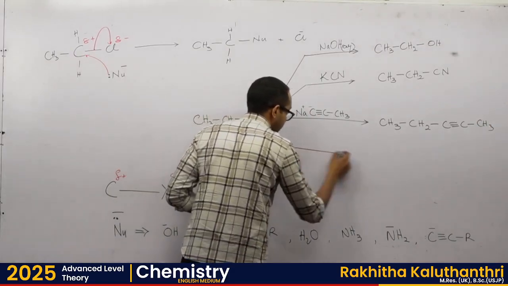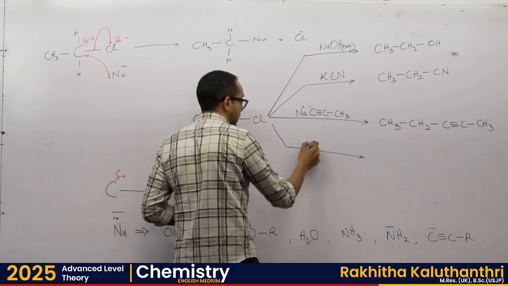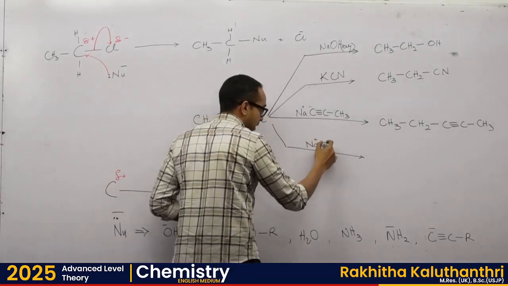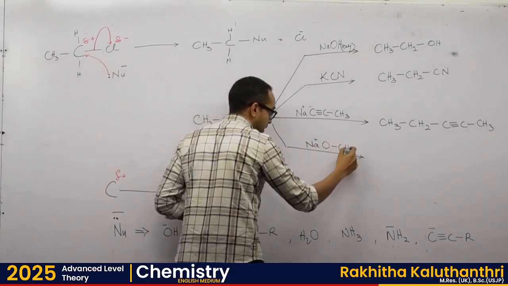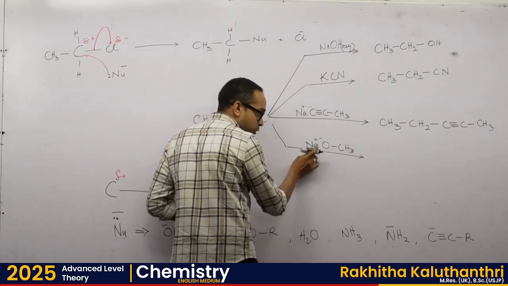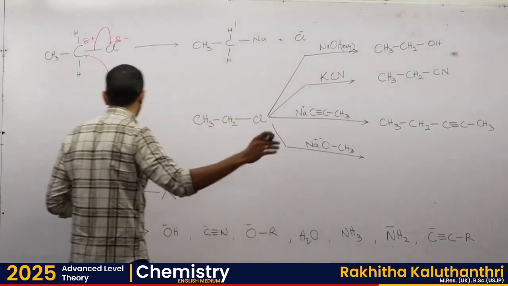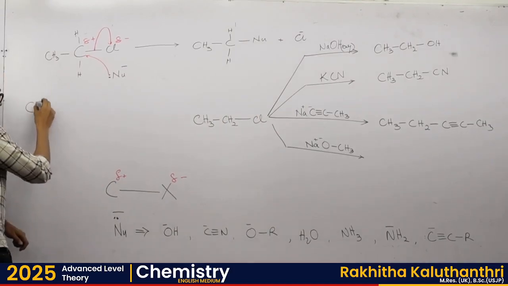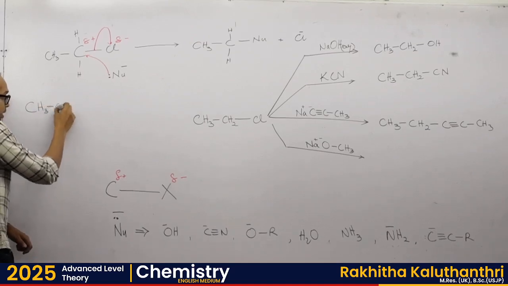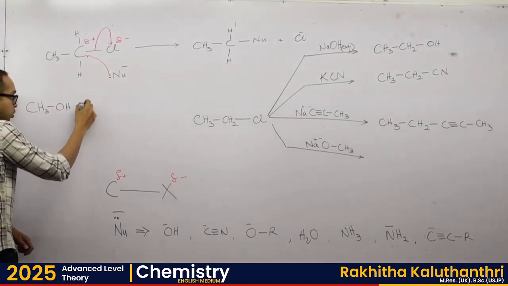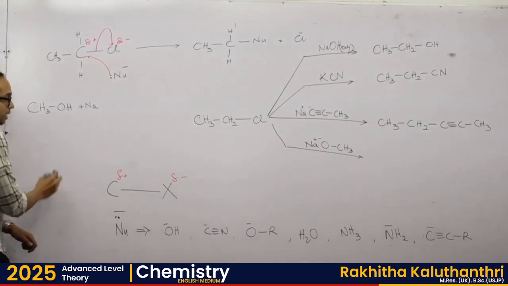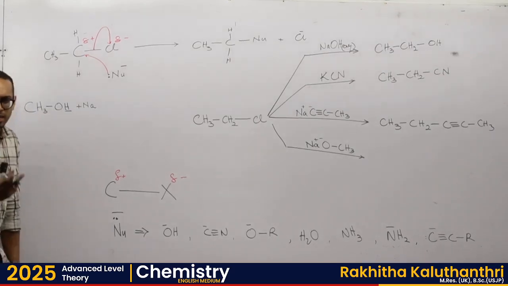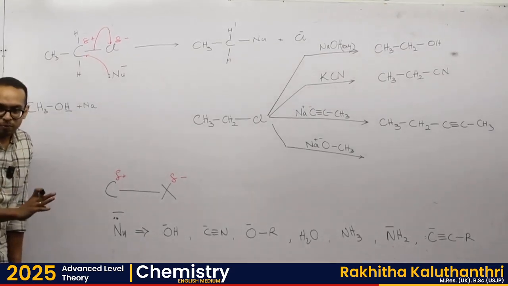So we can have sodium alkoxide, Na plus OCH3, right? This is called a sodium alkoxide. Now I'll quickly tell you how that is formed. You learn about it later as well. Alcohols can react with sodium metal, because alcohols also have a hydrogen that is ever so slightly acidic, even less acidic than water, right?